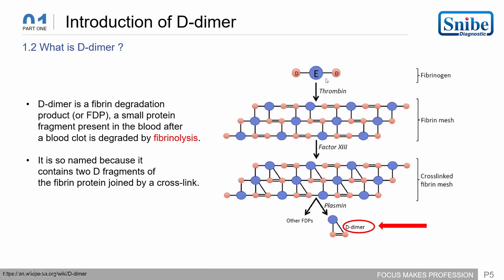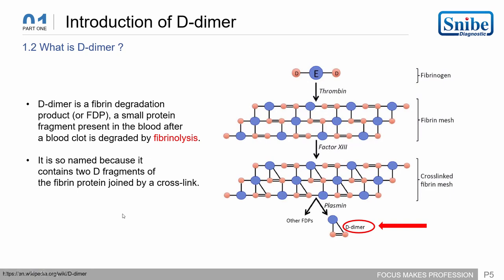You can see here the fibrinogen, which combines with thrombin to form a fibrin mesh, and with the support of factor 13 a cross-linked fibrin mesh is formed. Then plasmin and other FDPs combine to form a D-dimer. It is so named because it contains two D fragments of the fibrin protein joined by a cross-link.